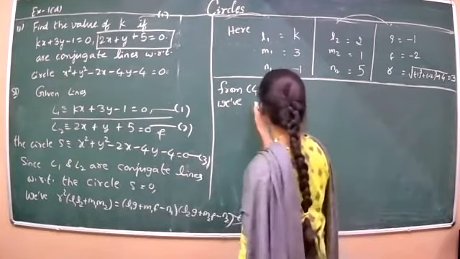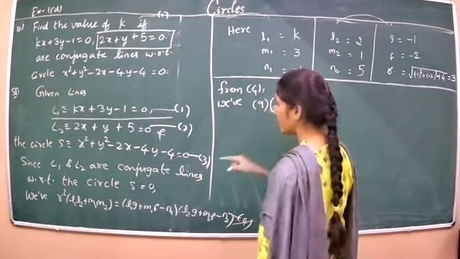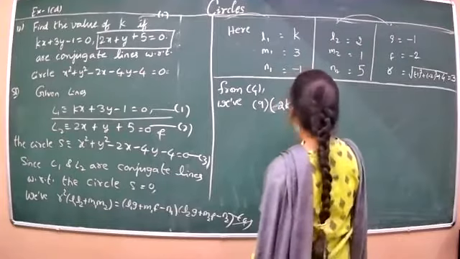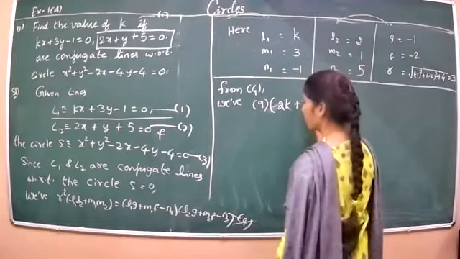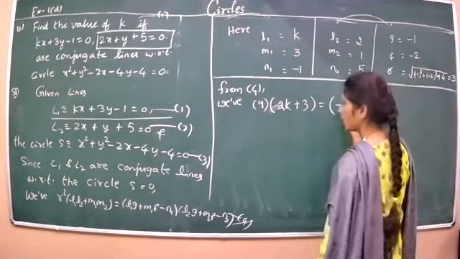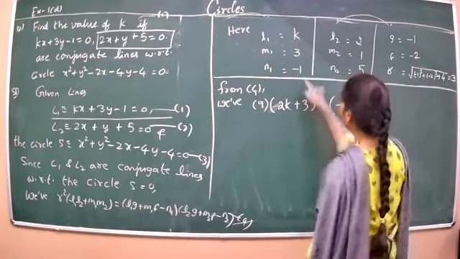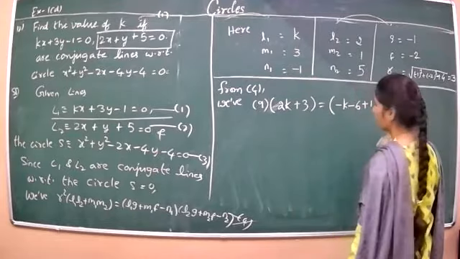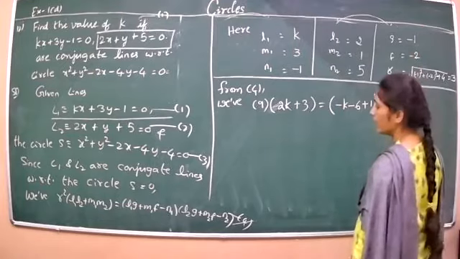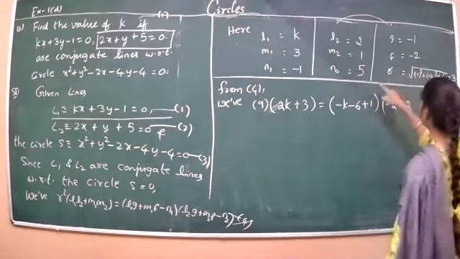R is equal to 3, therefore R square is equal to 9, multiplied with L1 into L2, that is 2 into k, 2k, plus M1 into M2, 3 into 1, is equal to L1 into G, k into minus 1, minus k, plus M1 into F, 3 into minus 2, minus 6, minus N1, minus of minus 1, into L2 G, 2 into minus 1, minus 2, plus M2 into F, 1 into minus 2, plus minus N2, minus 5.